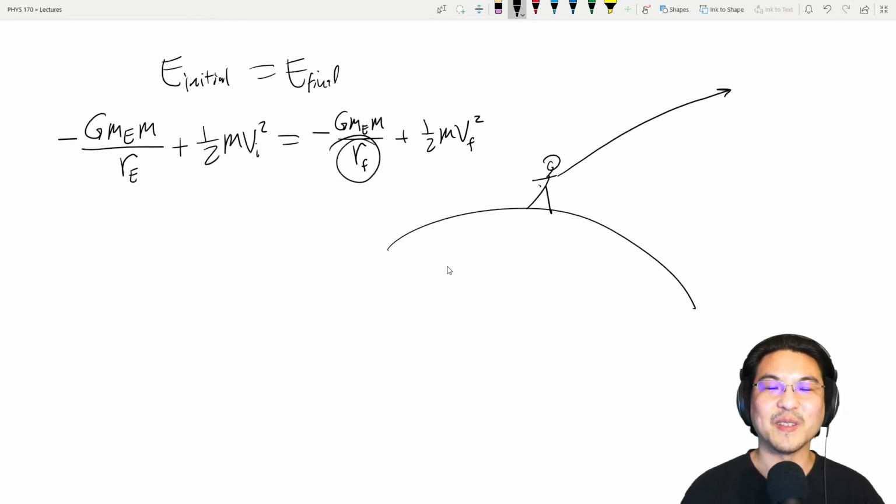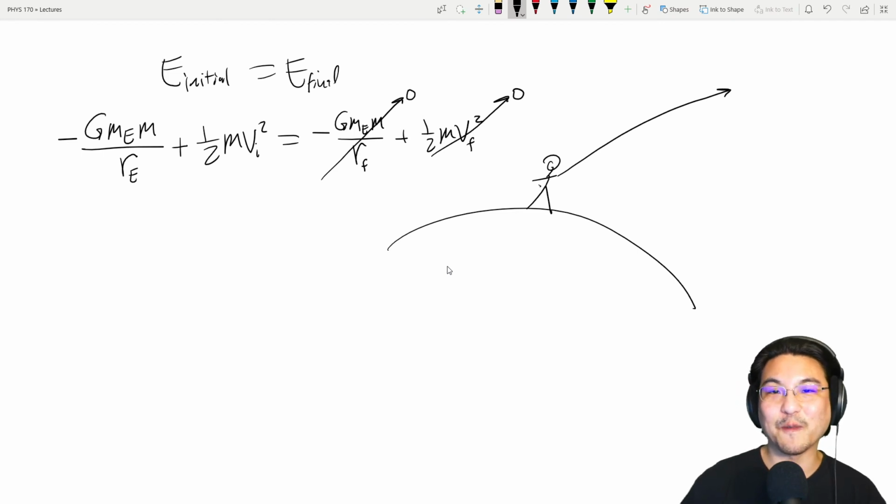So as this approaches infinity, this becomes zero. Okay, and then let's say we want the minimum amount to escape, so we don't want any extra. If you throw something just fast enough to escape Earth's gravitational potential energy, and then it just comes to a stop, then this is zero.